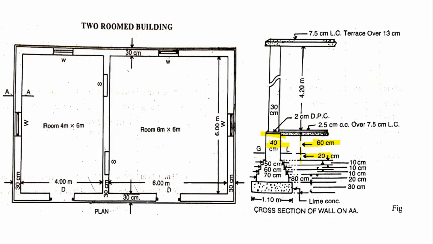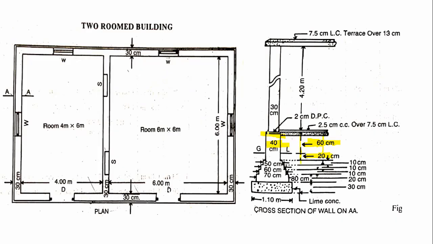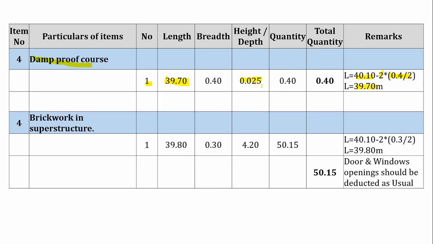Next width is 40, and the depth of DPC you can take as 2 centimeters instead of 0.025. Here it is a mistake, you can correct it. If you multiply, you'll get the answer.